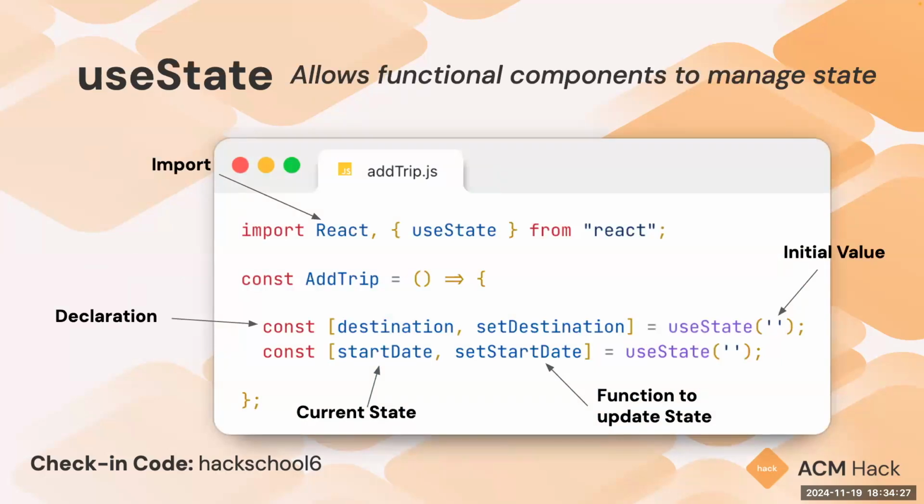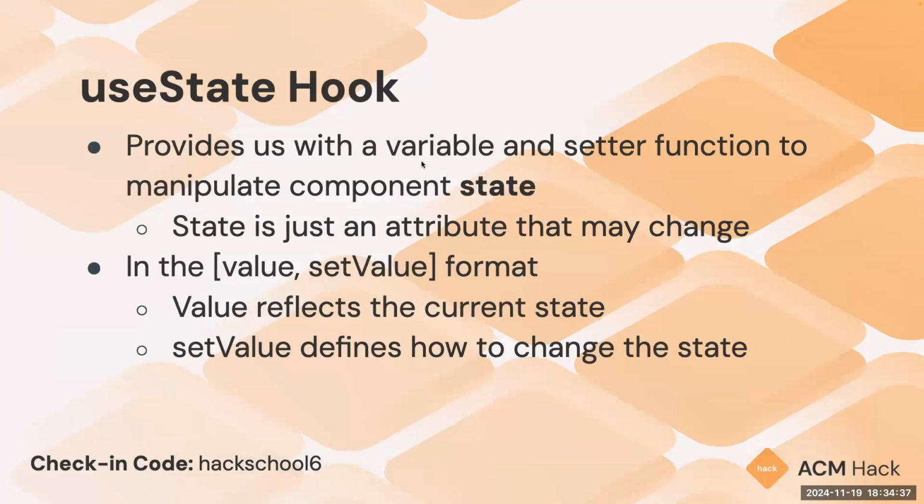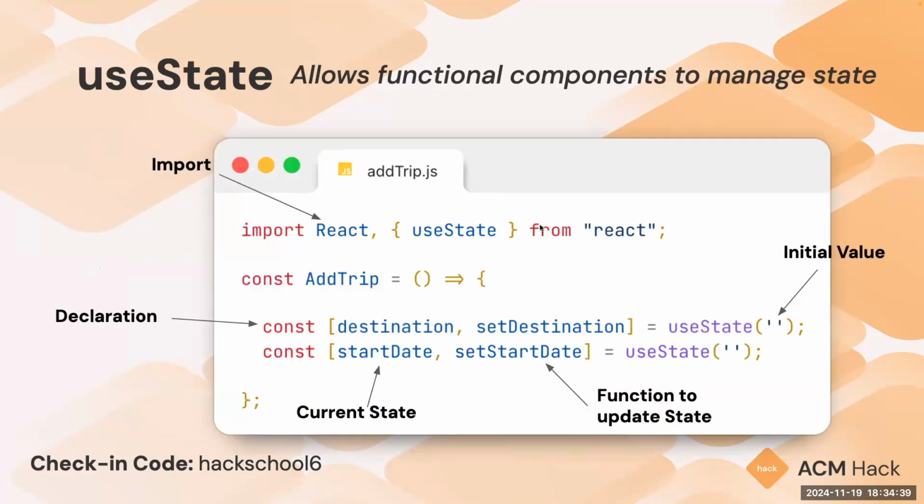So this is in relation to the add trip component. As you can see right here, destination is the variable that you start with, and it has this initial value that you can see over here, and setDestination is the function by which you're changing your destination. And you could do the same thing with your start date.